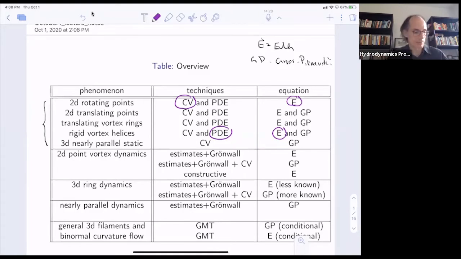Here these are really constructive techniques. In fact, I used the word constructive below. The PDE in question will be a so-called semilinear elliptic PDE.